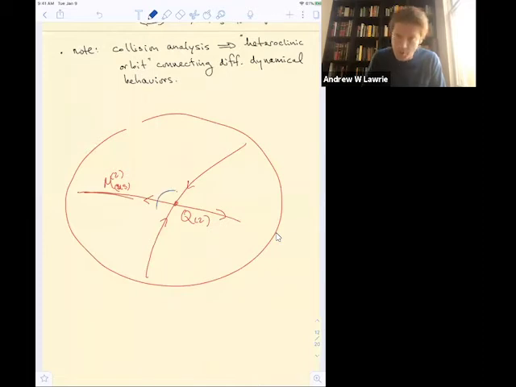If I think of a small neighborhood of this ideal critical point at infinity, the only way I leave this small neighborhood is by following the unstable manifold out of here, right? So I go out like this. And what this tells me is if I take any initial data inside here, I have two possibilities. Either I stay close to Q2 for all times, or I run out along this unstable manifold.